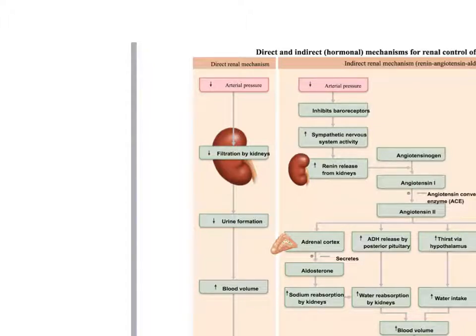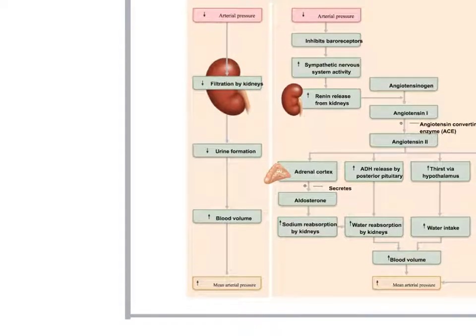What that means is it's not going to allow as much water to go past the kidneys. What does that do to blood volume? Well, let's do it right down here. Urine formation goes down. What does that do to blood volume? It makes it go up, right? Blood volume goes up. What happens to pressure?